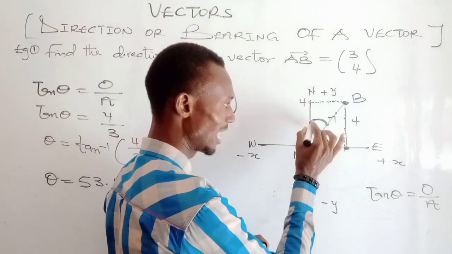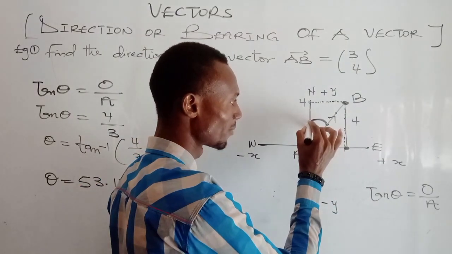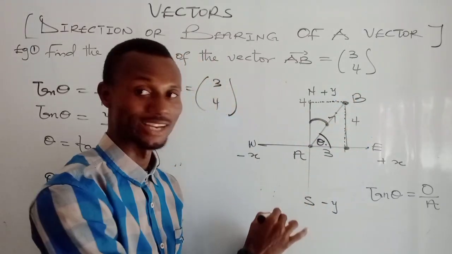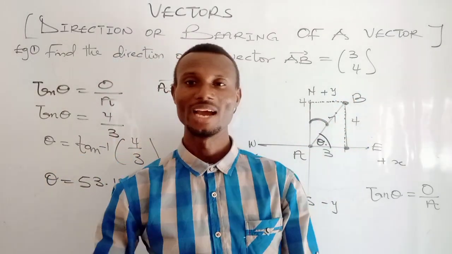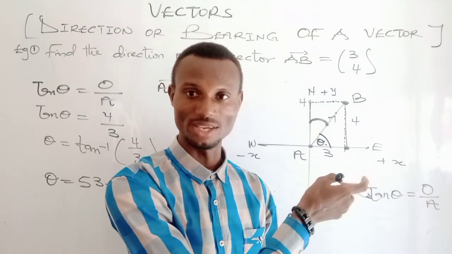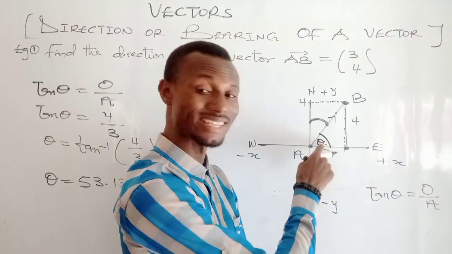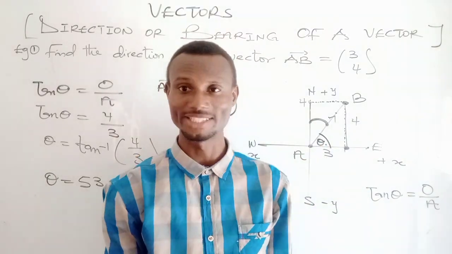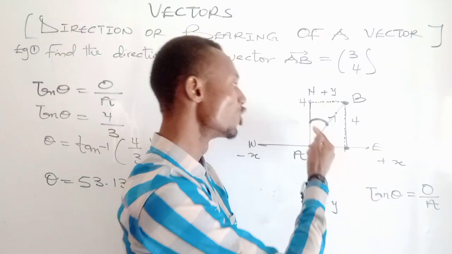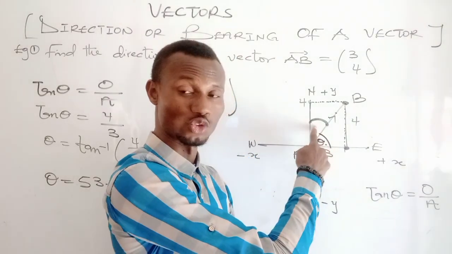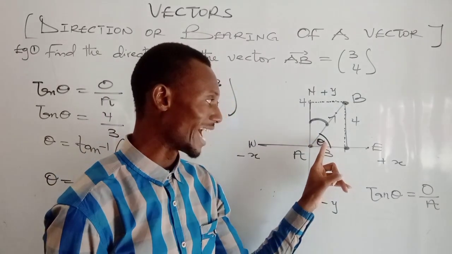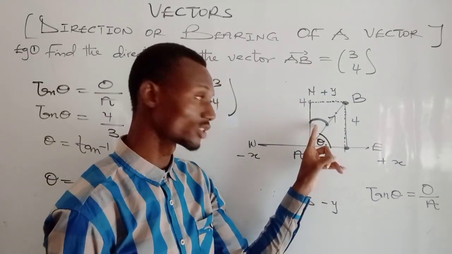That's why you have this here. So I'll start reading from the north and I'll end on this vector line, and that gives the actual direction of the vector AB. The angle theta here is not the actual direction. That was just to help us know the value which is supposed to be here, because without the value of the angle theta, we cannot know this angle.